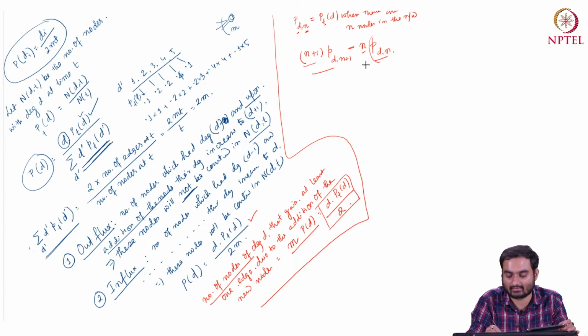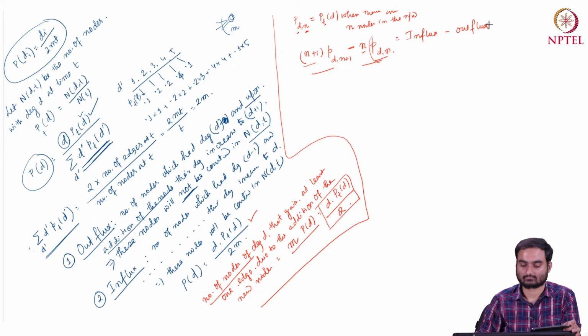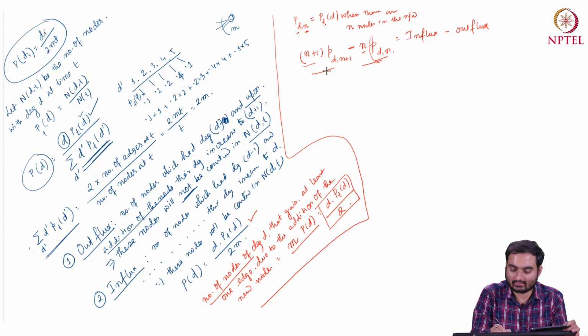So, this plus this is the net quantity of the number of nodes that we should consider now. In other words, this is basically influx minus outflux.